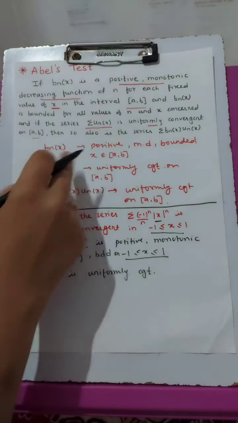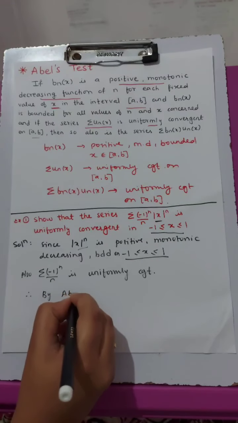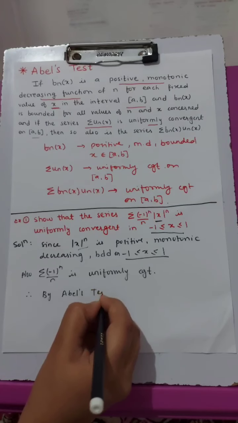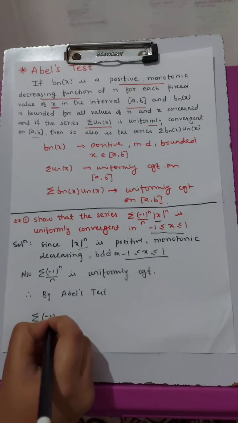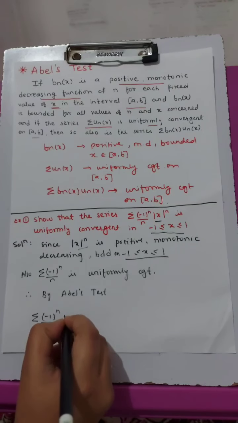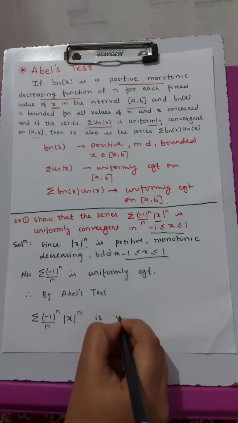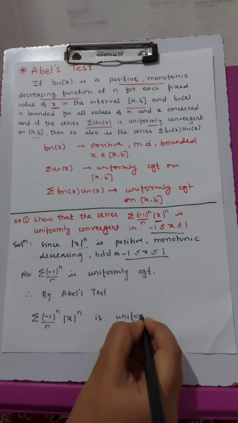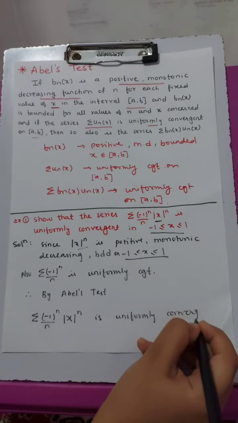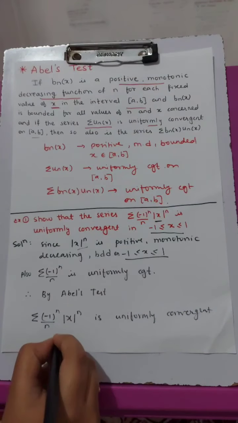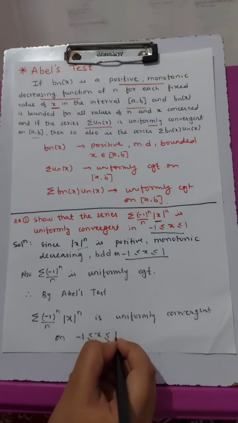Therefore by Abel's test, we can say that summation (-1) to the power n upon n mod x to the power n is uniformly convergent on the same interval, -1 < x < 1.